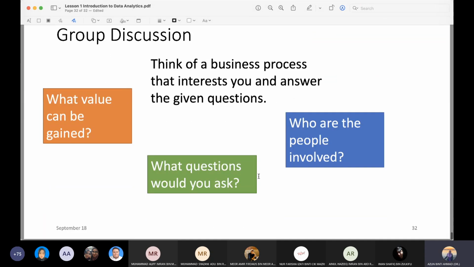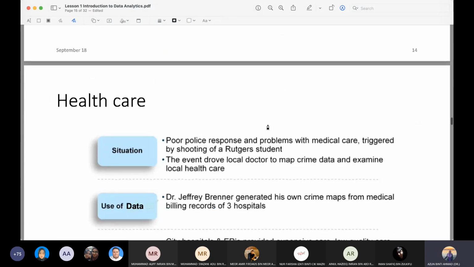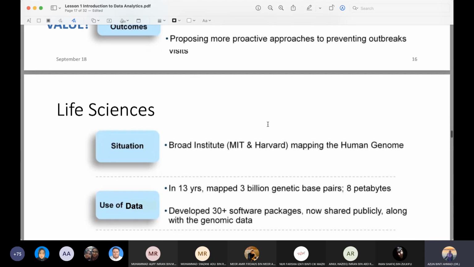Okay, group discussion. Think about business process that interests you and answer the given question. Ini group discussion tapi saya nak bagi juga one simple task. Maybe you can find one real case study on analytics. Macam yang tadi saya tunjuk yang healthcare, public services, life sciences.